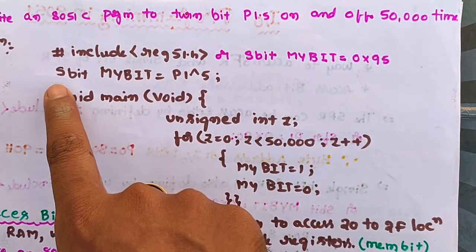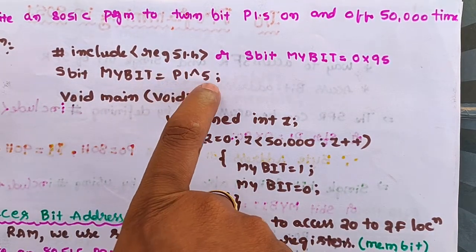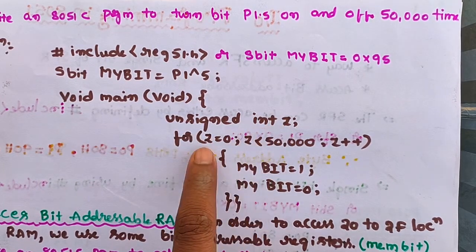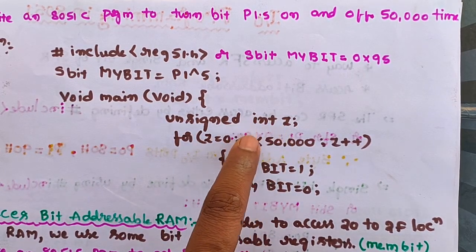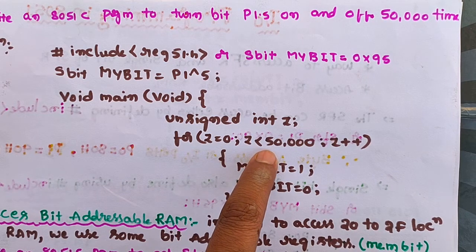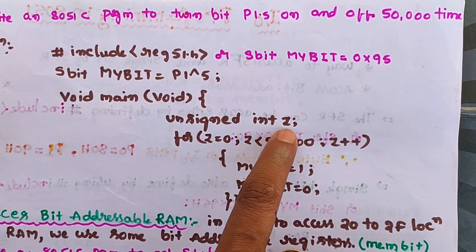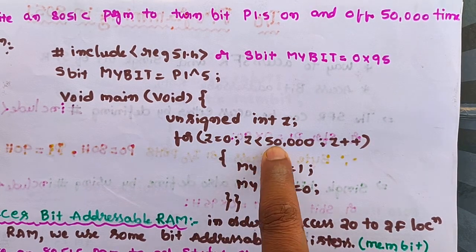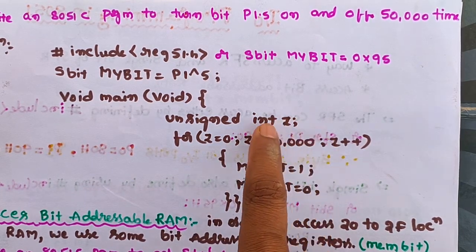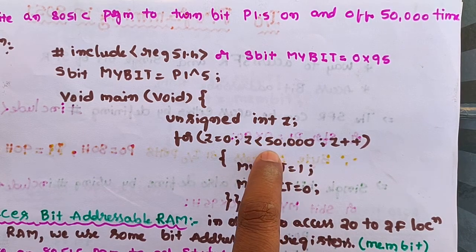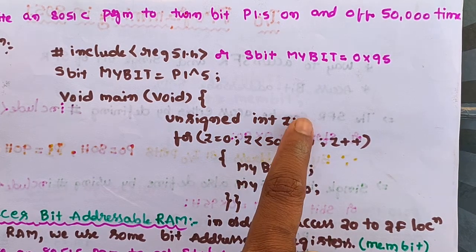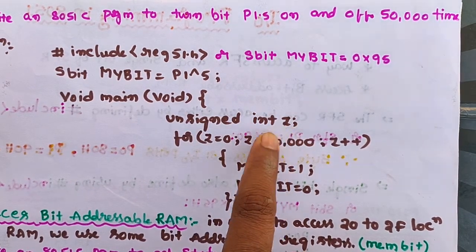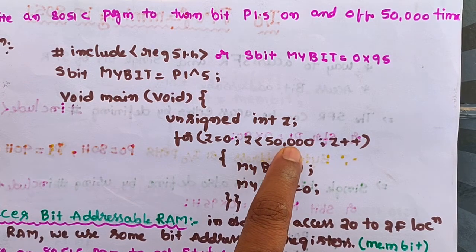And with sbit mybit, we need to define P1.5, and in the void main program, unsigned int z. That means in order to create the for loop, I need one variable, that is z. I mentioned it as an unsigned integer because its value goes up to approximately 65,000. If it is less than 256, you can define an unsigned char, but an unsigned int is used here, z equal to 0.